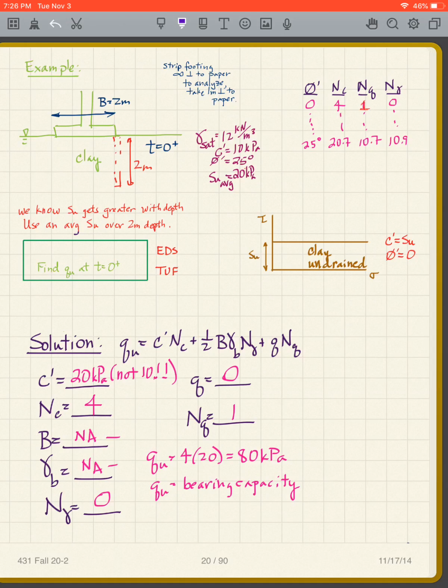So a high bearing capacity is good. Don't get confused with this, because it sort of looks like a stress, and typically in engineering, we don't like big stresses. But just because it has units of stress doesn't mean that it is an applied stress. It's not. It's the capacity. We want to have a large bearing capacity.